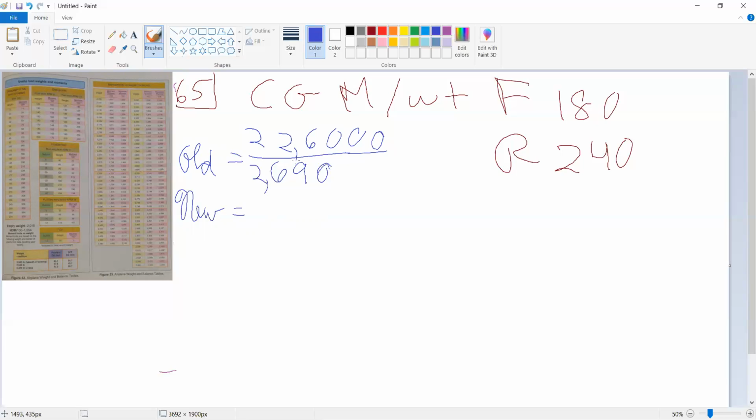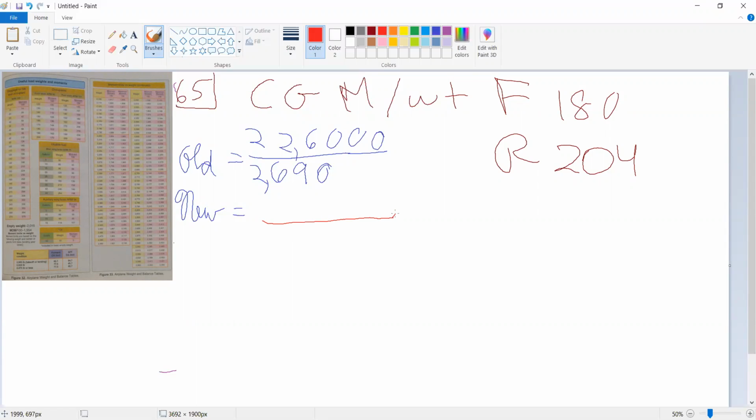So the new setup, there's a difference that's happening here. We have the two different weights. Let's set up our new equation. Let's take the denominator.